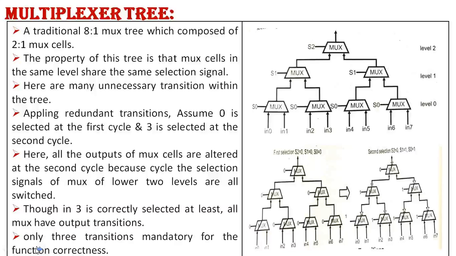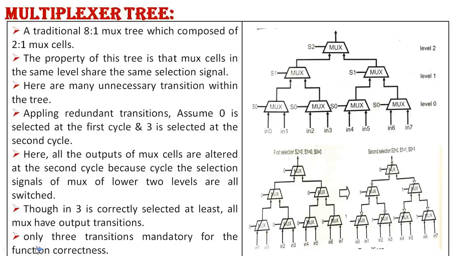So there are many unnecessary transitions in the tree, applying redundant transitions. Assume 0 is selected at the first cycle, and 3 is selected at the second cycle. Here all the outputs of the mux cells are altered at the second cycle because the selection signals of the lower two levels are all switched.